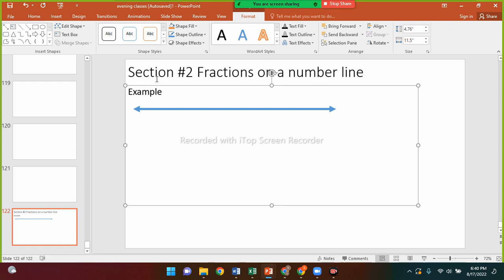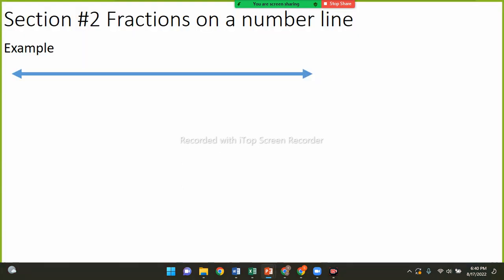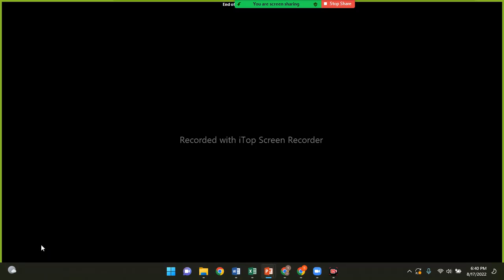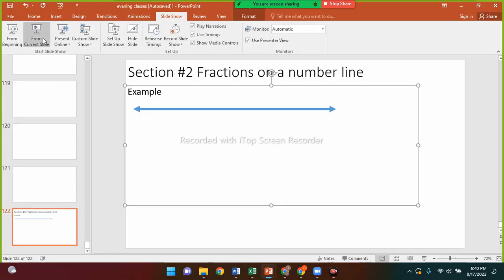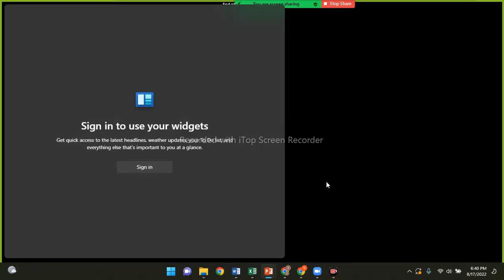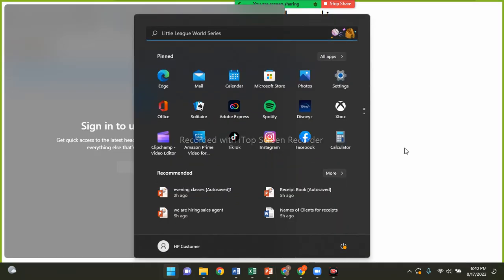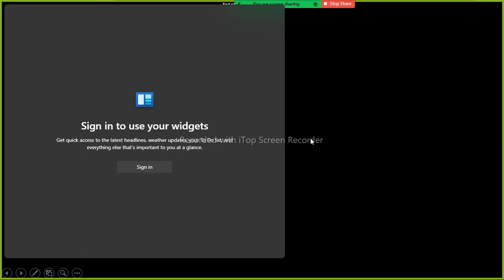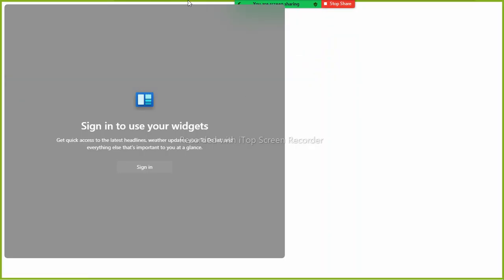And on this number line, we're going to basically divide this number line equally. One moment.